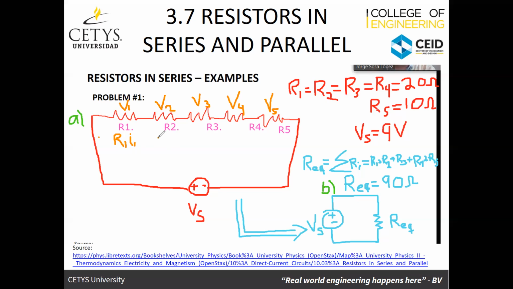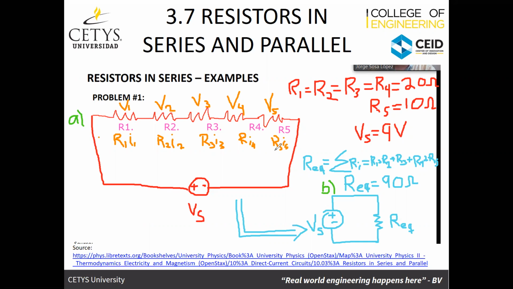Voltage V2 is going to be R2 multiplied by I2, and so on and so forth. R3 multiplied by I3, R4 multiplied by I4, and R5 multiplied by I5.